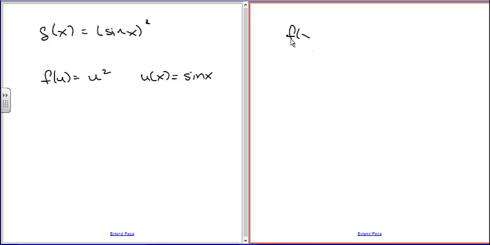If I had f of x equals the square root of (3x squared plus 4x) raised to the second power. Now, actually let's make it the third power, because otherwise it's just going to come out. So I could make this into the 3/2 power.